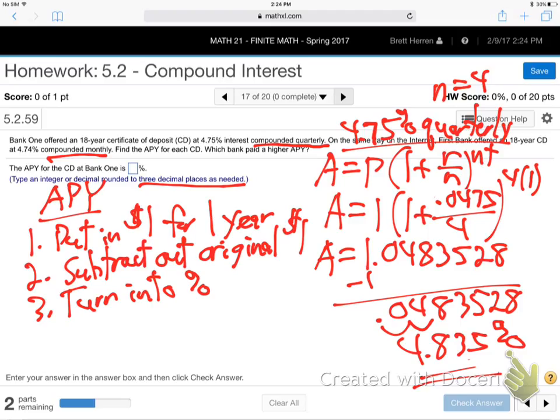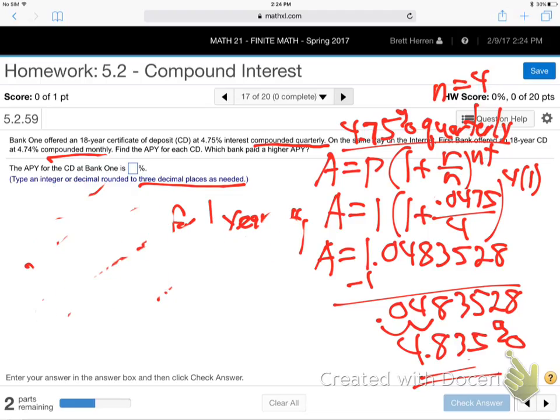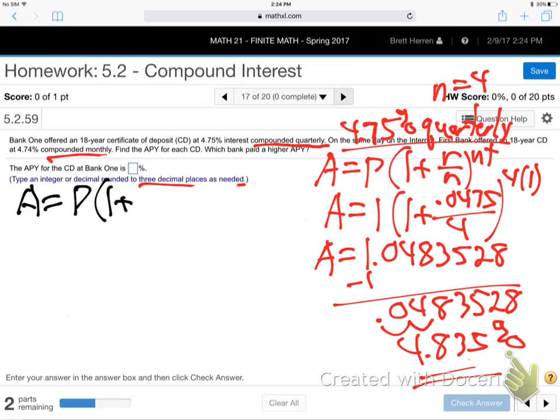So there's that one. The other one then, I'm going to erase this and do it over here. The other one is P(1 + r/n)^(nt). So this will be the 4.74% monthly.